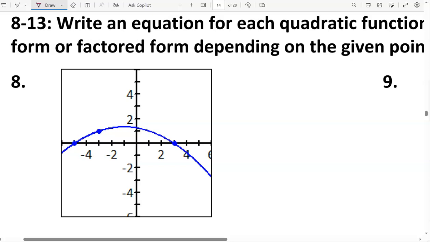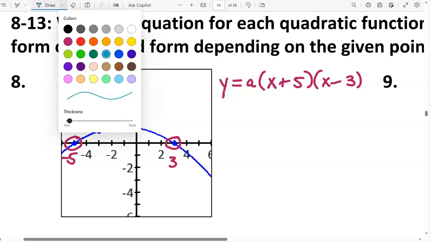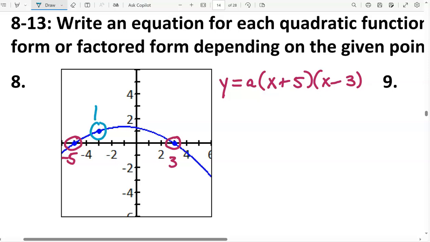In 8 through 13, we need to choose the appropriate form for the equation of the parabola. In 8, since our x-intercepts are given, -5 and +3, that means that we can write the equation in factored form. y equals a times (x minus -5) times (x minus 3). The only thing that we lack now is the value of a. The extra point can be used to find the value of a.